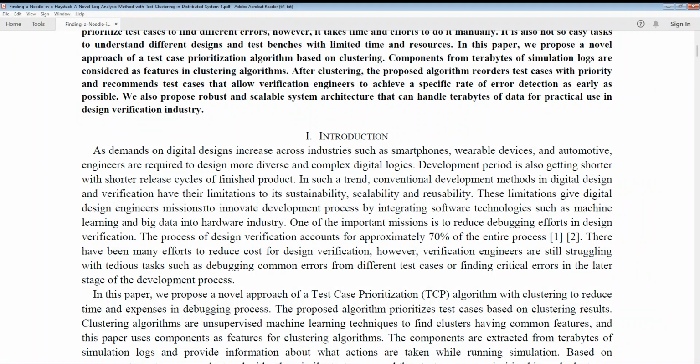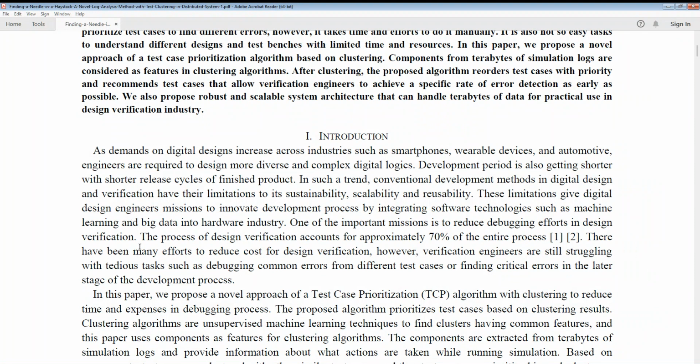missions to innovate the development process by integrating software technologies such as machine learning and big data in the hardware industry. One of the important missions is to reduce debugging efforts in design verification. The process of design verification accounts for approximately 70% of the entire process.